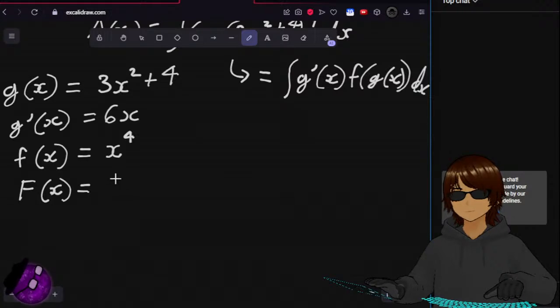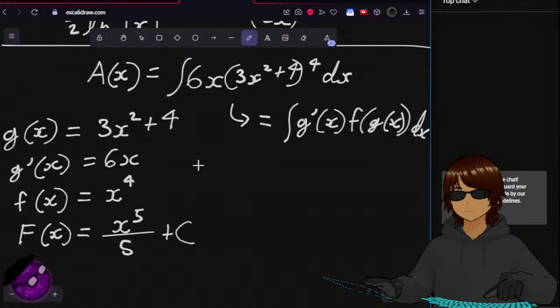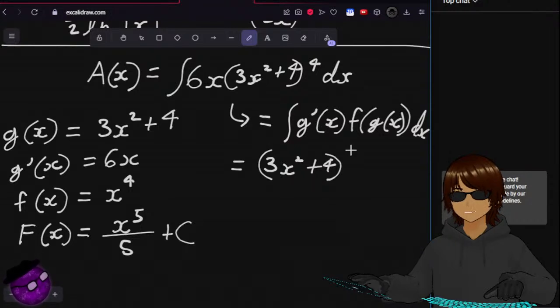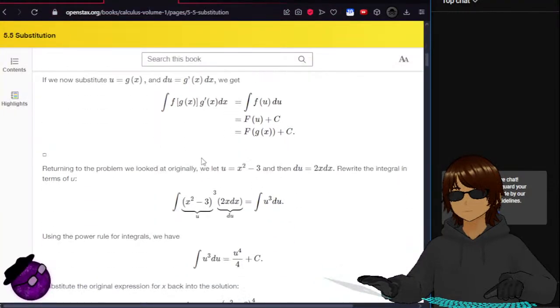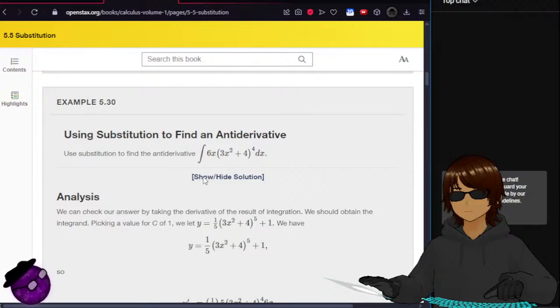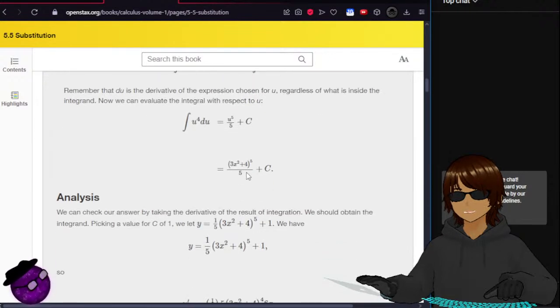So g of x, (3x squared plus 4) to the power of 5 over 5 plus c.